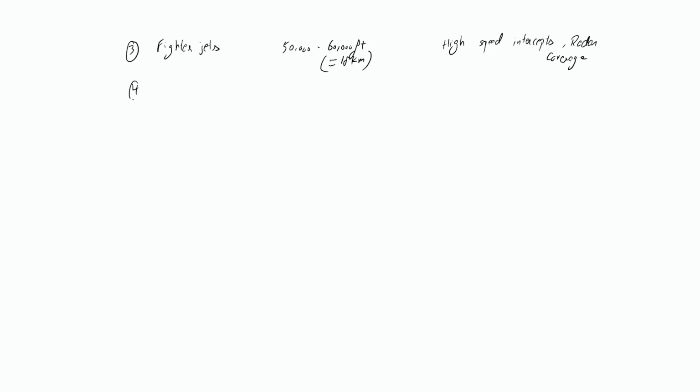Another classification is high altitude unmanned aerial vehicles. I am writing it as UAVs, high altitude unmanned aerial vehicles. It can go beyond 60,000 feet as well and above. And the reason they fly at this region is obviously because of the surveillance.